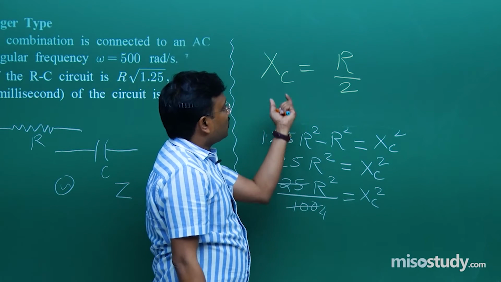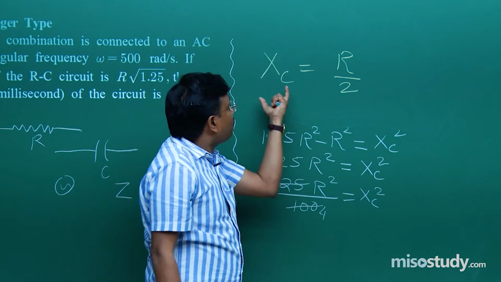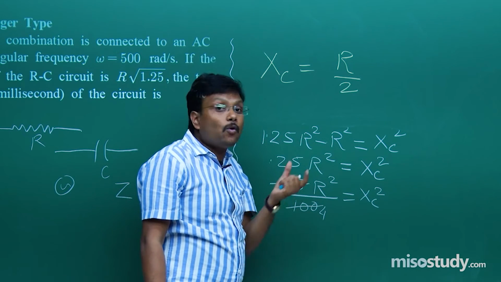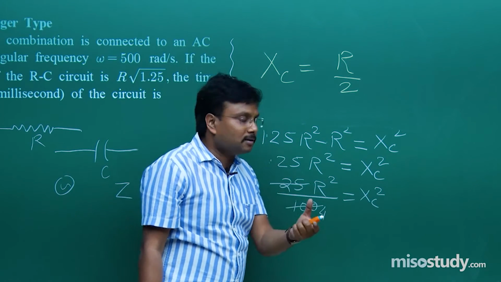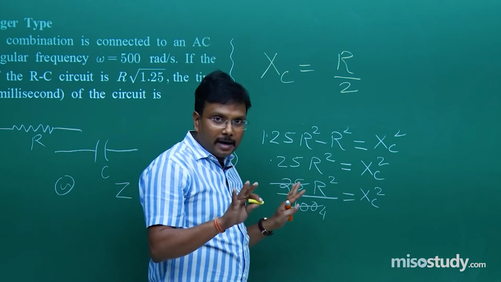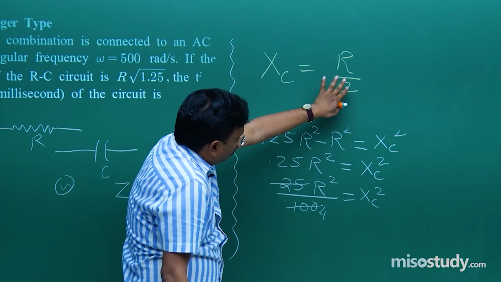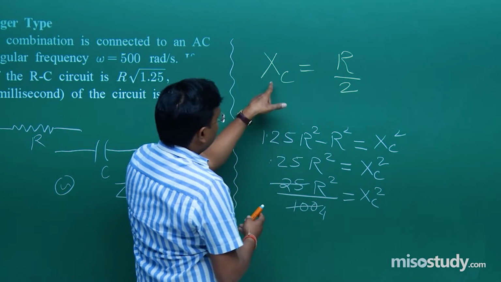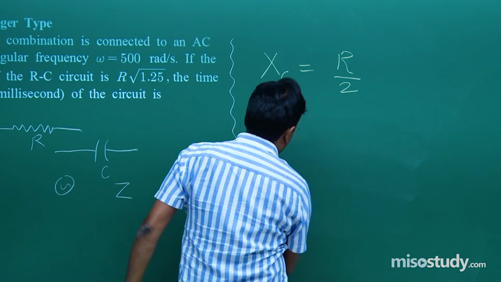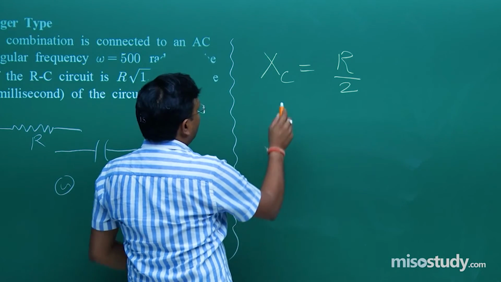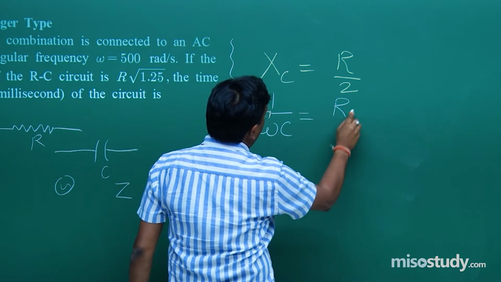So now see how easily you can find the value of this XC. What is XC? XC is the capacitive reactance of the circuit. Z value I have, R itself we know, and this XC we calculated over here. Now from this yellow expression, if I write a simple term, that is 1 upon omega C is equal to R by 2.